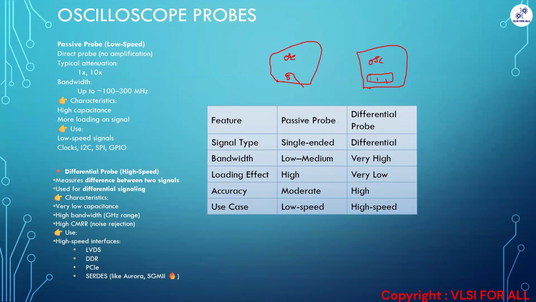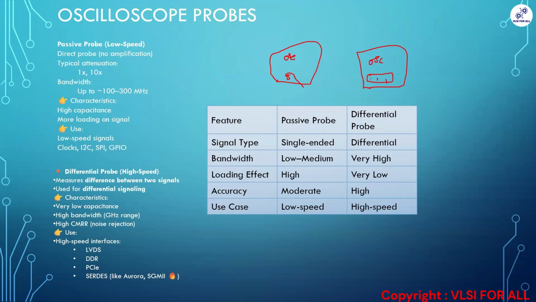And the differential probe is for high speed. It is used for high speed IPs like SGMII, Aurora, PCI, USB, LVDS, DDR. It measures the difference between two signals and is used for differential signaling.